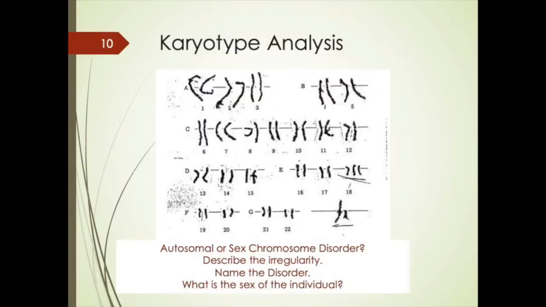So let's try to see if we can analyze some karyotypes. So in this one, is this an autosomal or sex chromosome disorder? Well, let's see where the irregularity is.